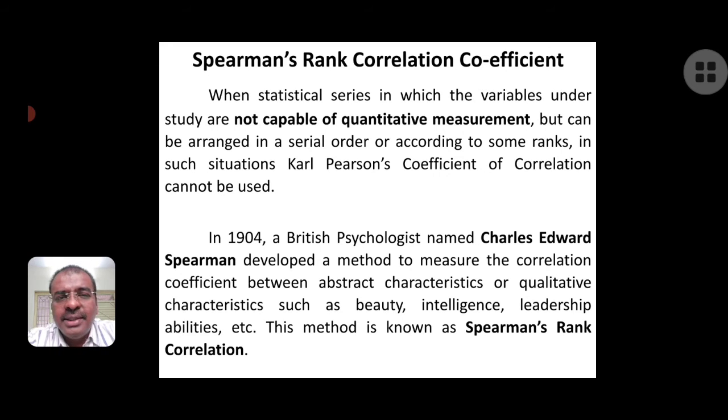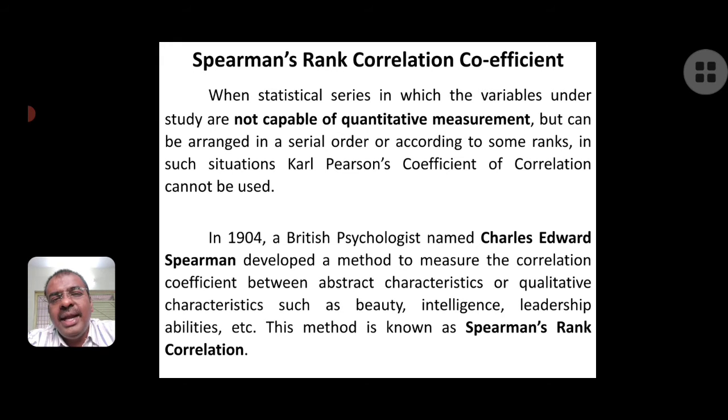To overcome this demerit or limitation of scatter diagram, in 1892, the British mathematician Karl Pearson introduced his correlation called Karl Pearson's coefficient of correlation, which gave a mathematical value to correlation. Further, under Karl Pearson's coefficient of correlation, only characteristics which can be measured in quantitative terms are used.